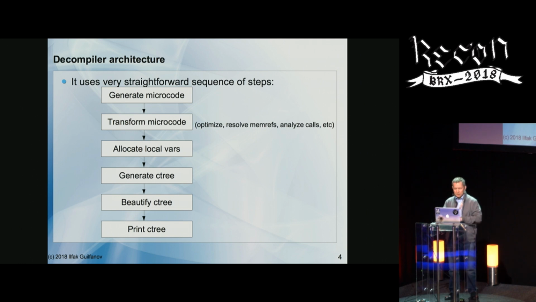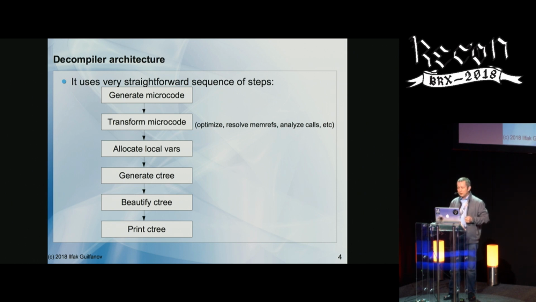This slide shows the general architecture of our decompiler. There are a few steps. I think that I presented something similar in the past. We generate the microcode. We transform it by optimizing it, resolving memory references, analyzing function calls, and so on. At the end of this step, we end up with nice microcode that is ready to be converted into a C-like representation.